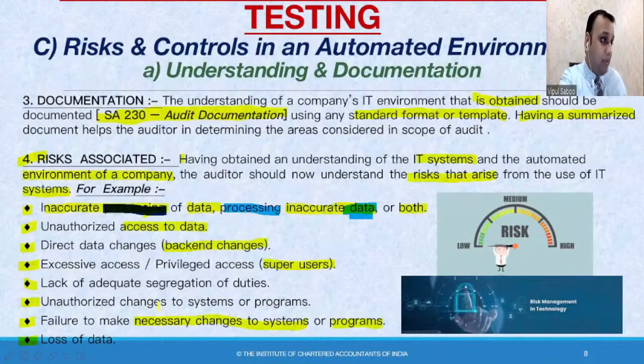Okay, so, please repeat adequate segregation of duties. Okay, Sandeep. So there is this thing that we have 5 people in our office, and I have asked that these 2 people will be allowed to access the server.